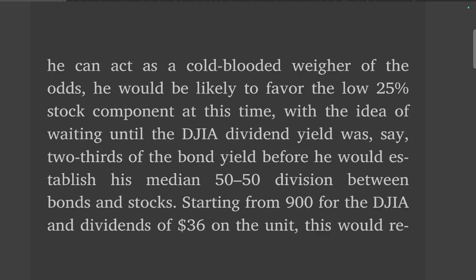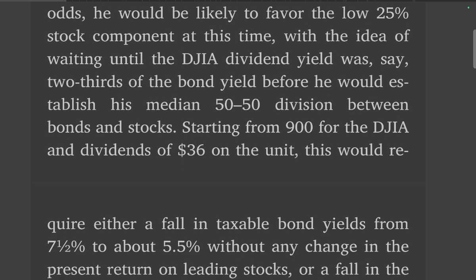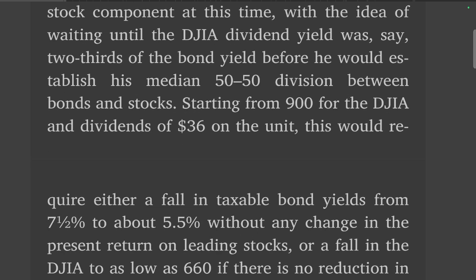This idea is of waiting until DJIA dividend yields reach two-thirds of the bond yield before establishing the 50-50 division between bonds and stocks, starting from 900 on the DJIA with a dividend of $36.